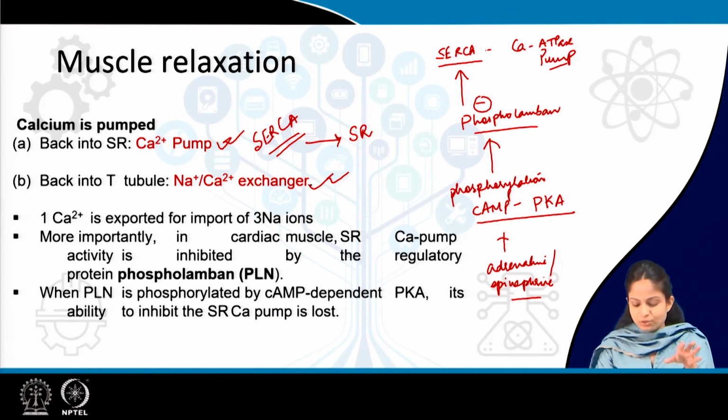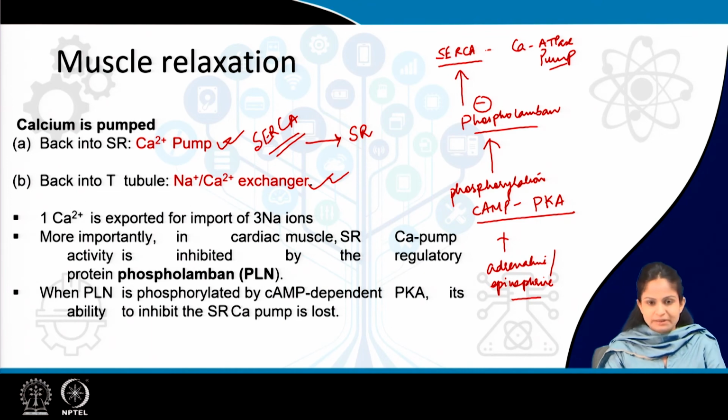The inhibition is wiped off whenever there is a phosphorylation by cyclic AMP, protein kinase activity mediated, and this is usually done in case of drugs by the adrenaline or the epinephrine.